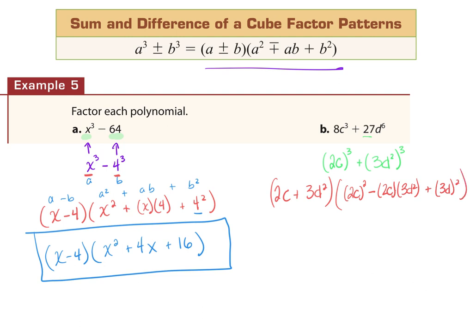All right, so all I did was fill in that formula for the factoring. And then, of course, I do want to simplify this. So this is as simple as it gets. So that's going to stay 2c plus 3d.